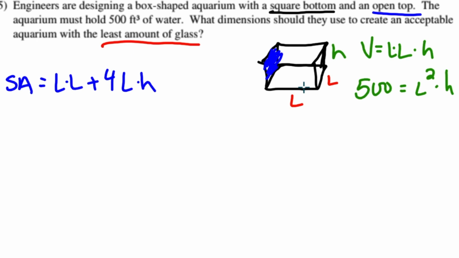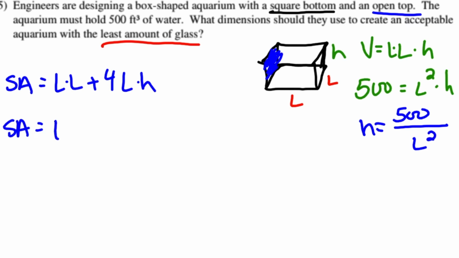You could solve for L squared, just like I said with R squared in the last one, but it's much simpler to just solve this for h. So h is 500 divided by L squared, and we're going to plug that in to solve our surface area. So L squared plus 4L times h, we will replace that with 500 divided by L squared.